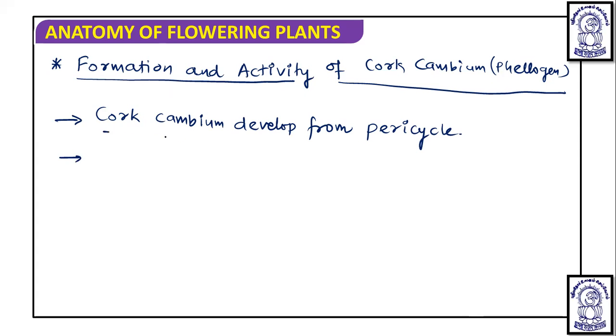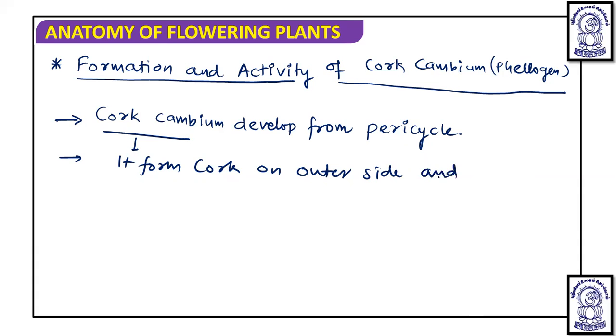This cork cambium forms cork on the outer side and secondary cortex on the inner side. Okay, so cork cambium, cork and secondary cortex all together form the periderm.